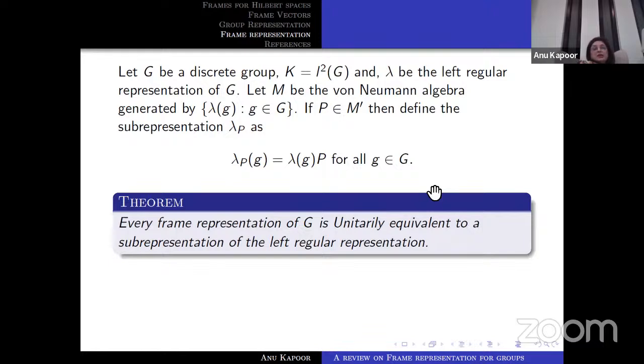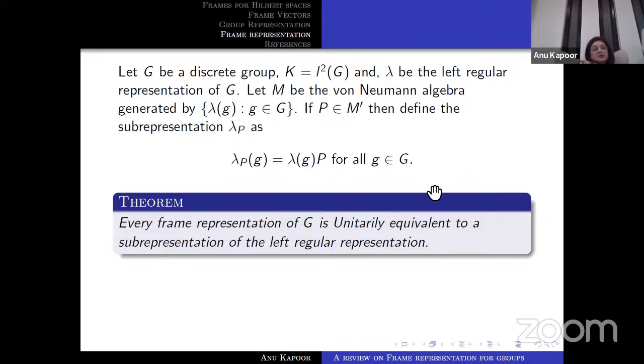We will take K to be l2(G) and λ, the left regular representation of G, and M, the von Neumann algebra generated by λ(g), g belonging to G. And if P belongs to the commutant M', then we define the sub-representation λ_P(g) going to λ(g)P for all g belonging to G. This defines a sub-representation because λ(g) commutes with P, which is contained in M'.